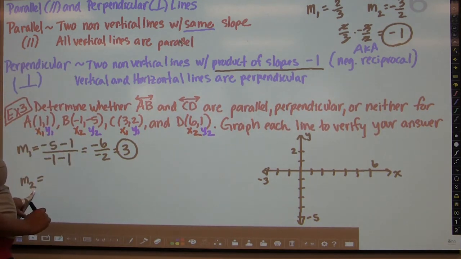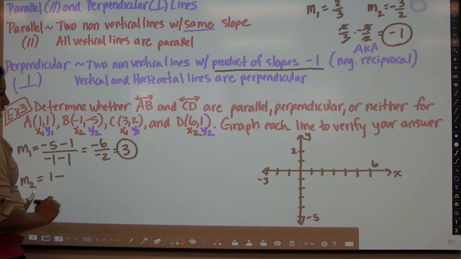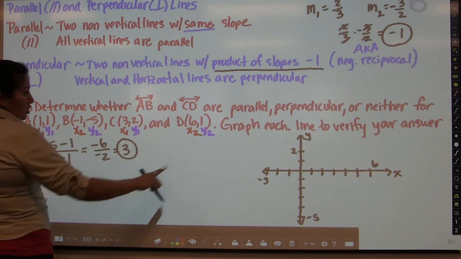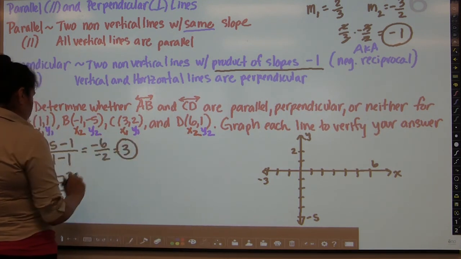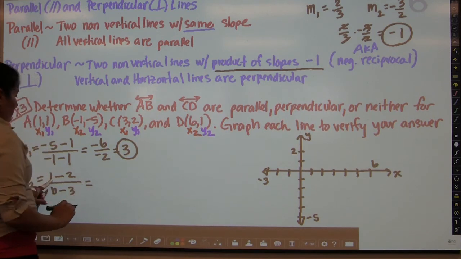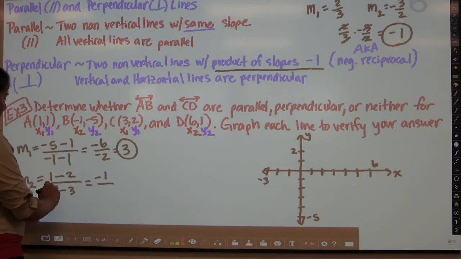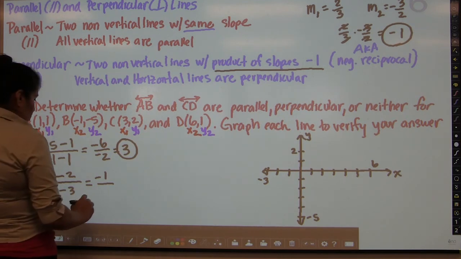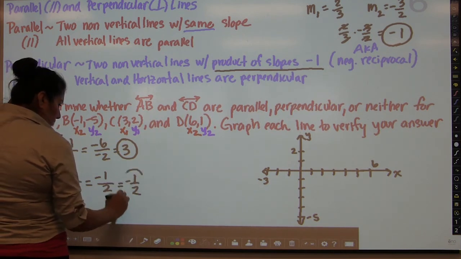So M2 is going to equal Y2, which is 1, minus Y1, which is 2, divided by X2, which is 6, minus X1, which is 3. 1 minus 2 is -1, and 6 minus 3 is going to be 2. So this time my slope is -1/2.